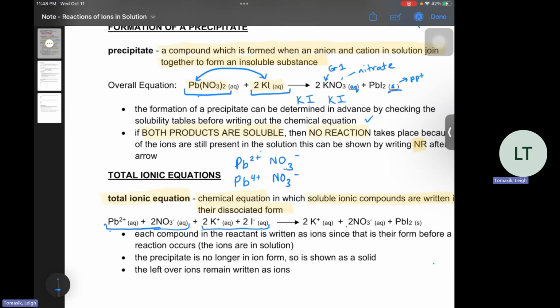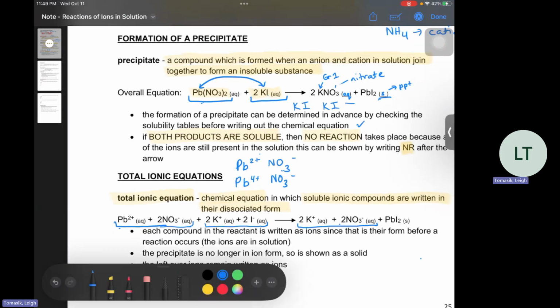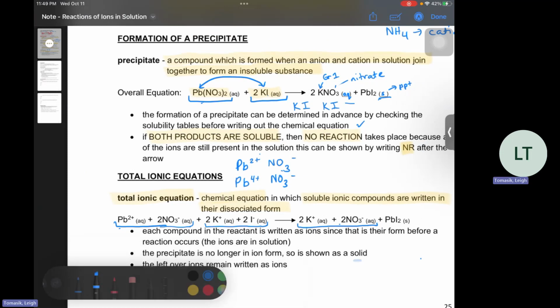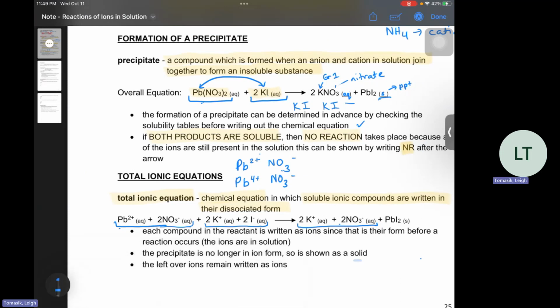Okay, KNO3, we decided that was aqueous. So it gets turned into ions, but our precipitate is not aqueous, right? So it's going to stay as a solid. So it says each compound in the reactant is written as ions, since that is their form before a reaction occurs, right? So all of our reactants are going to be in a solution.